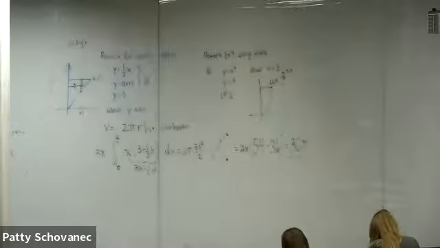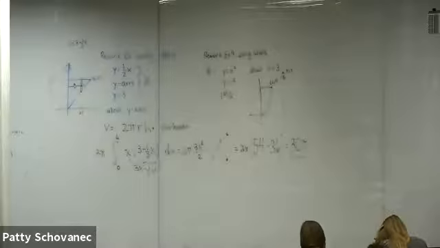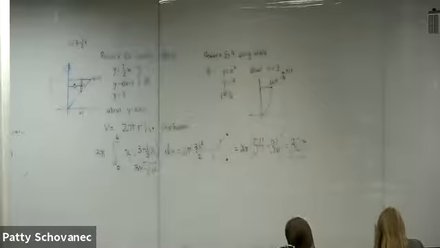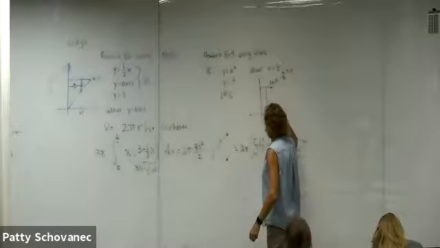So when we partition this with rectangles parallel to the axis of revolution, are we going to get dx's or dy's? Yes, my line's this way, so my rectangles are going to be that way. So here's a typical rectangle. It is still a dx.